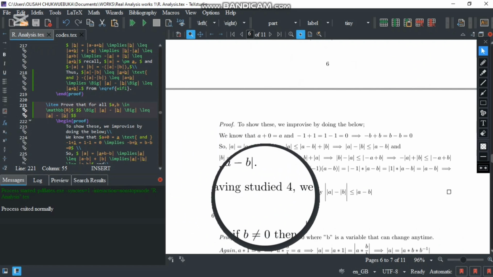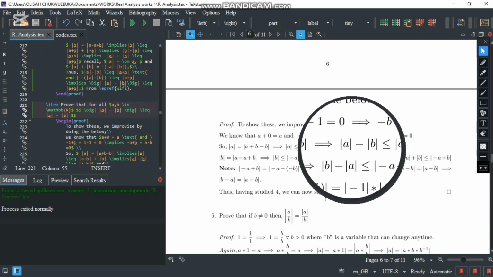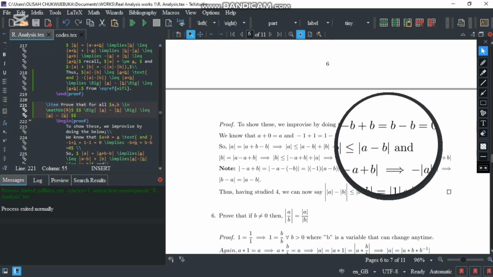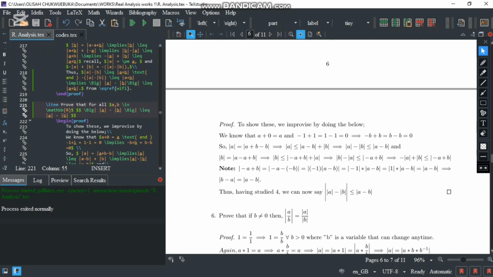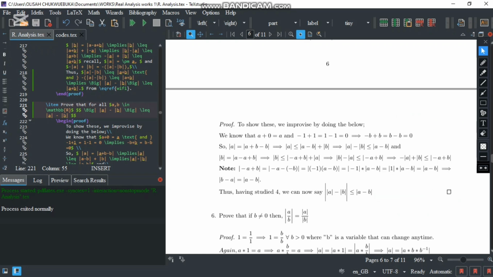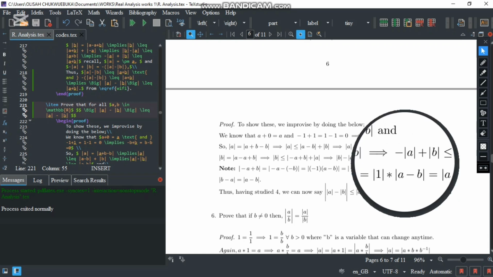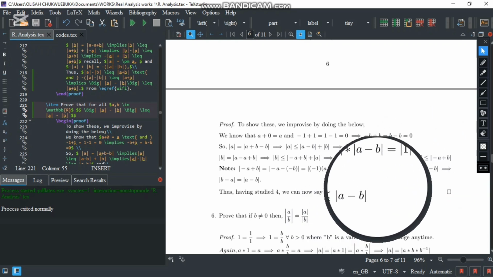Since from this a part, the absolute value of a minus the absolute value of b is less than or equal to the absolute value of a minus b, and from this b part here we have seen that, when you bring the negative outside, the absolute value of a minus the absolute value of b is going to be less than or equal to the absolute value of a minus b.